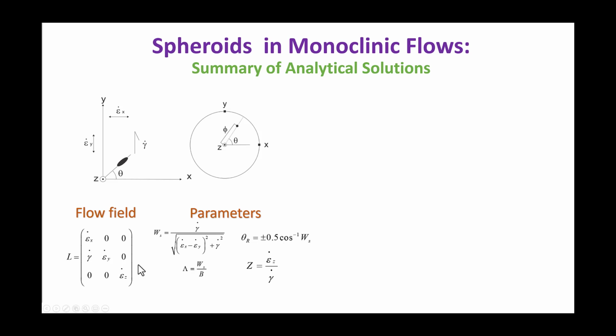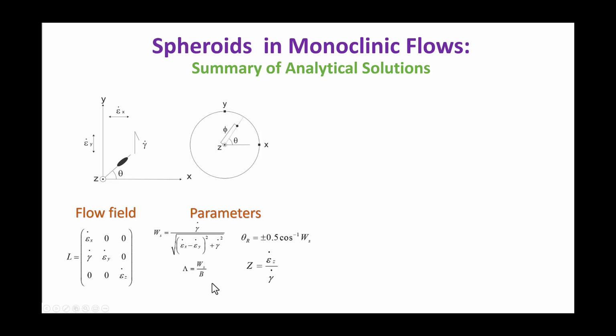The problem can be described by three dimensionless parameters: the sectional kinematic vorticity number, or a recast of the sectional kinematic vorticity number by a characteristic angle. The positive and the negative sign is related to the relative magnitude of epsilon x dot and epsilon y dot. Please read chapter 9 of the lecture notes for details of this.